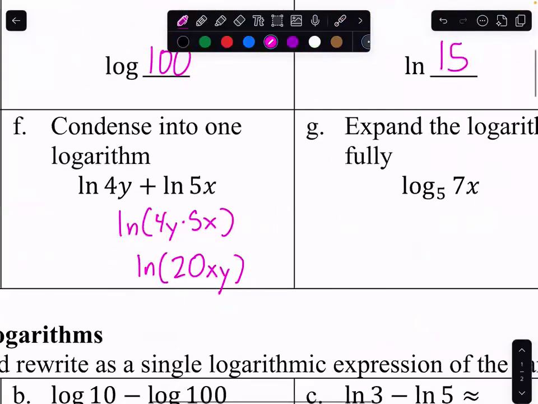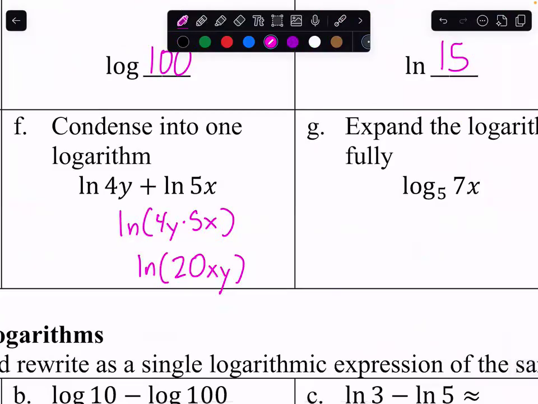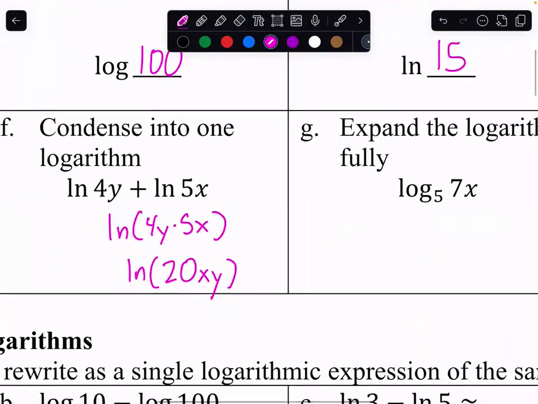Okay, but we can also look at this property sort of in reverse. So instead of combining these two into a single logarithm, sometimes it's beneficial to split it up, right? We could split this back up into ln 4y plus ln 5x, for example.